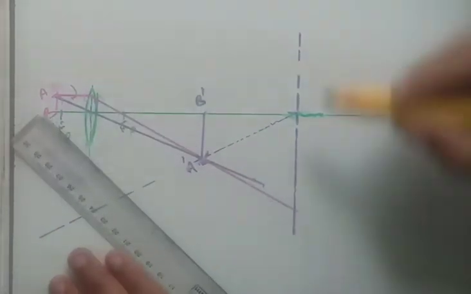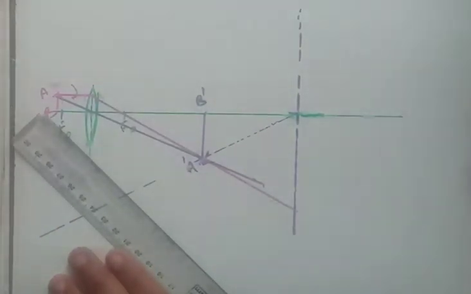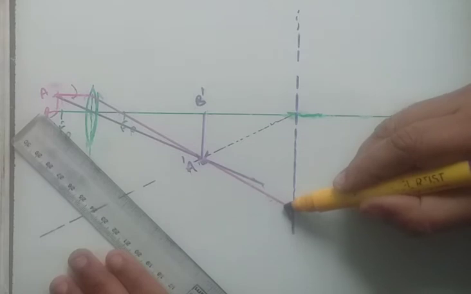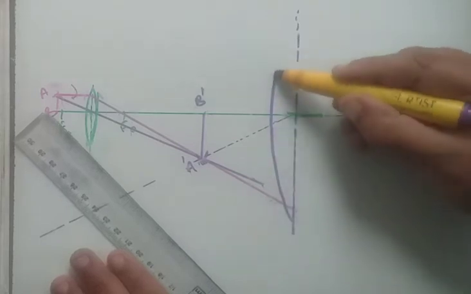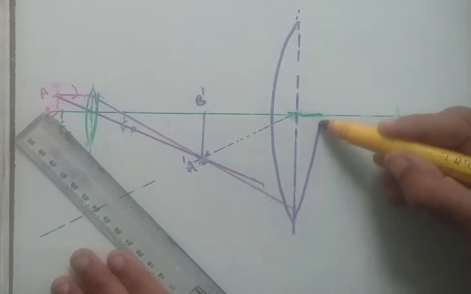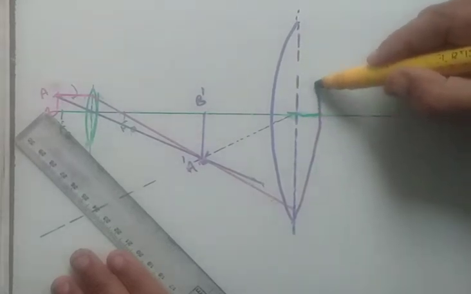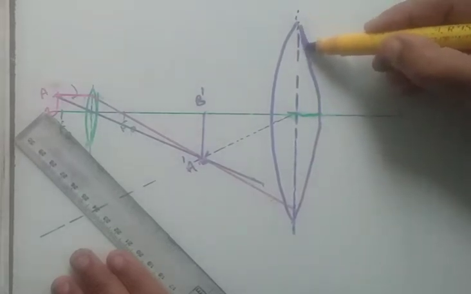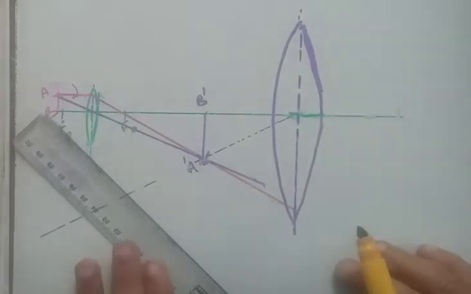Say with this, we write the lens there, like this. Say this is the lens.